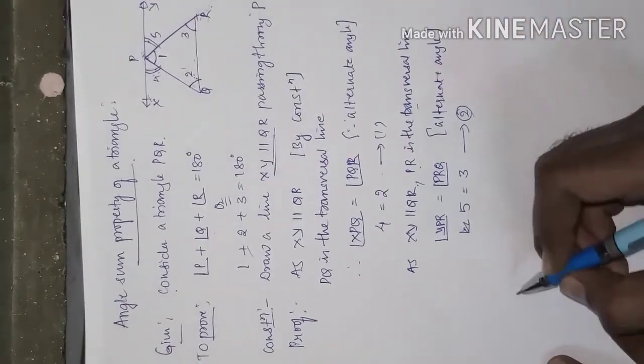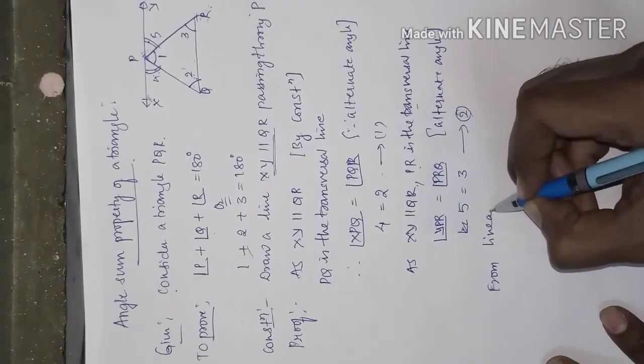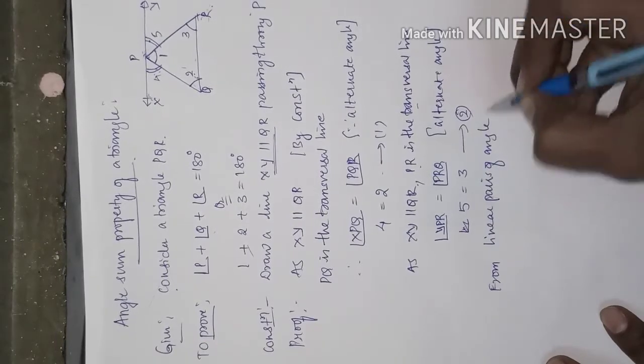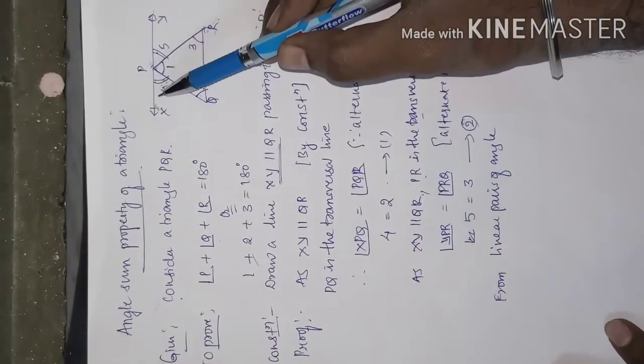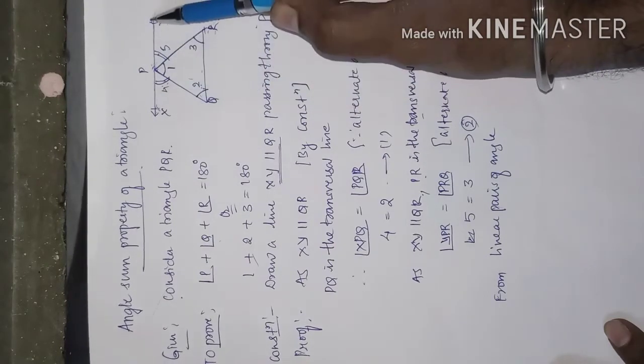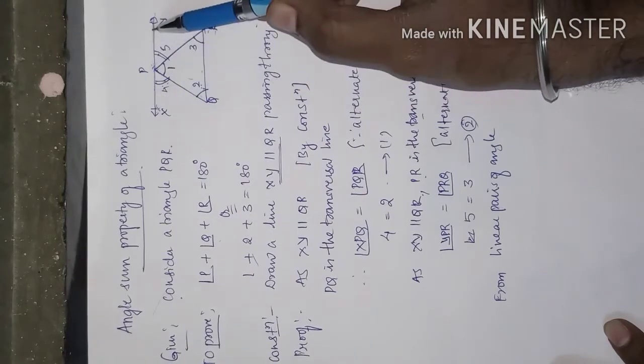Now, from linear pairs of angles we can say that XY is a line and these are the rays standing on XY.